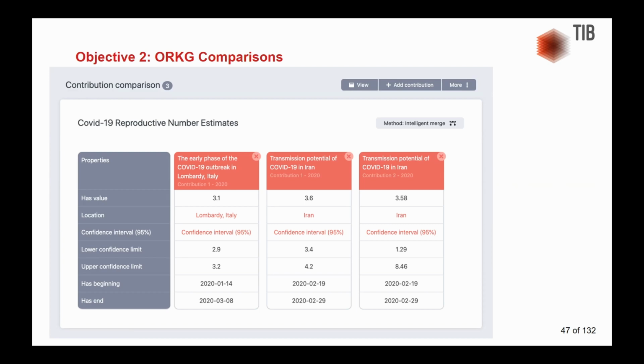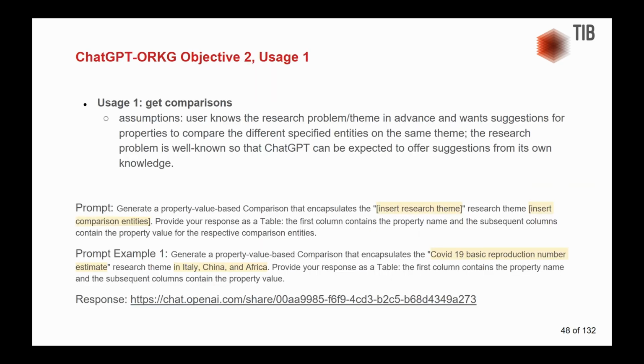So secondly, we notice another feature in the ORKG, which is comparisons. With the first scenario, we were just addressing one paper at a time. So now we address comparisons, and here again, we define certain usage scenarios. The user knows the research problem and theme in advance, and they also know the entities to compare. So again, we are not giving much context apart from the entities.